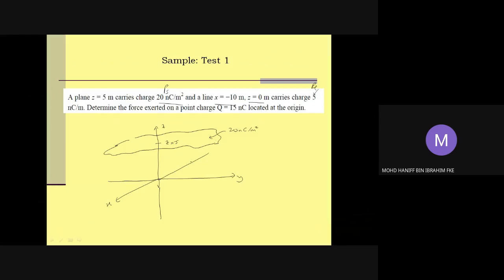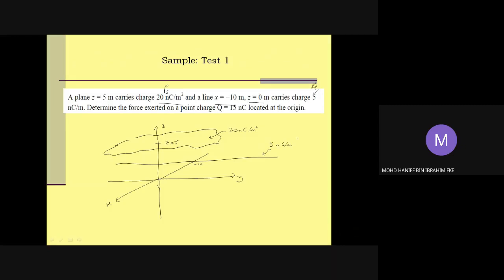So x equals negative 10 should be here, and on this line charge the z coordinate should have a value of 0. It means your line charge should be parallel with the y-axis. That should be the location of your line charge, which is 5 nanocoulomb per meter.